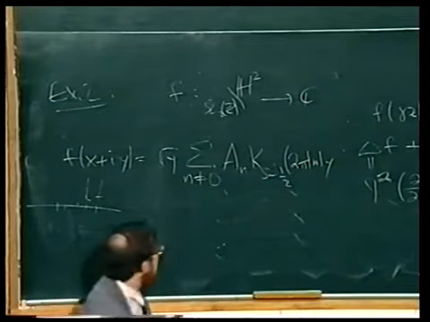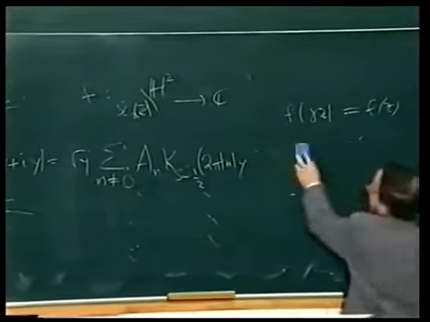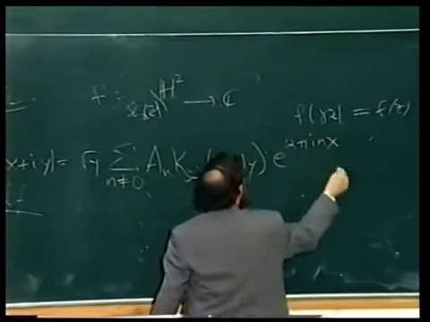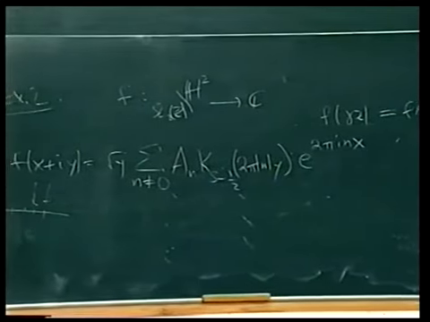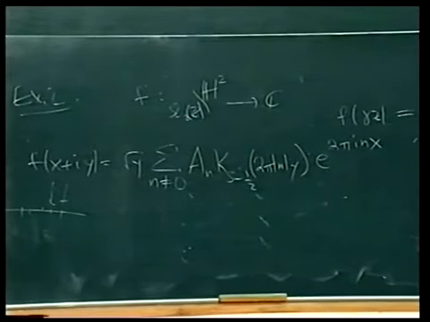This is an immediate consequence of the Laplace equation, which is here. So in other words, you expand in terms of these Whittaker or Bessel functions, and you get certain numerical coefficients.